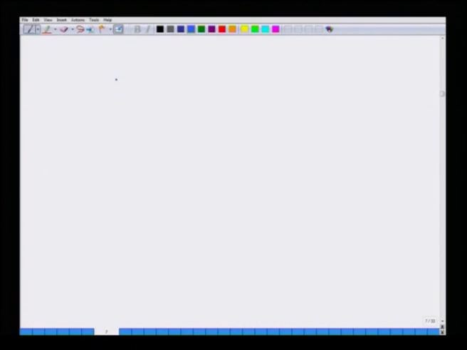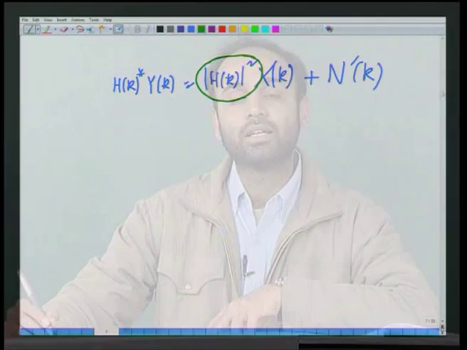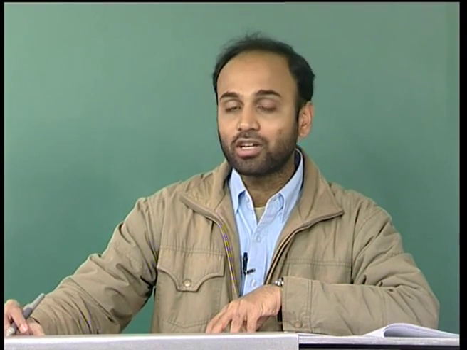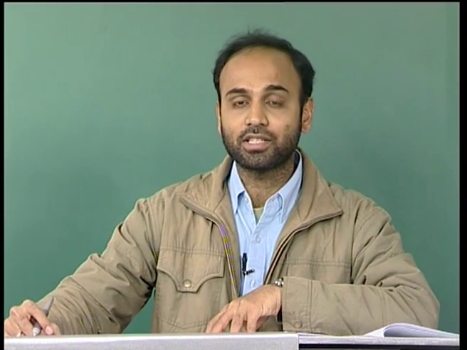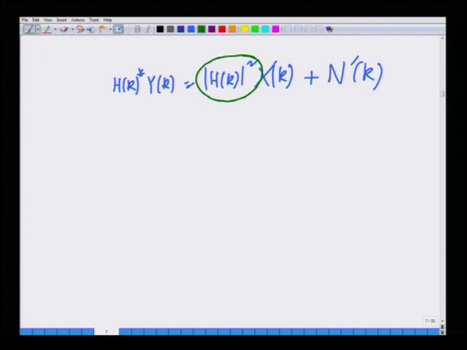So if you multiply by hk conjugate, what you have is hk conjugate yk equals mod hk square xk plus some noise n prime k, and you can clearly see in this case that mod hk square, or magnitude hk square, is a real number, hence this has no phase, hence it does not distort the phase of xk. However, it distorts the amplitude because it has some power, but it does not distort the phase. Hence, if you have a BPSK constellation, I can employ this also.